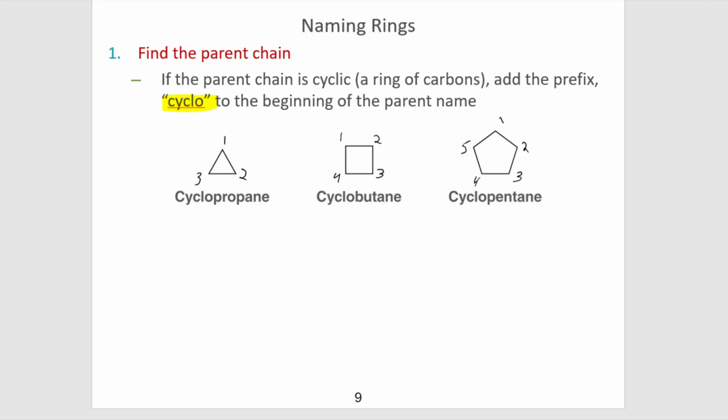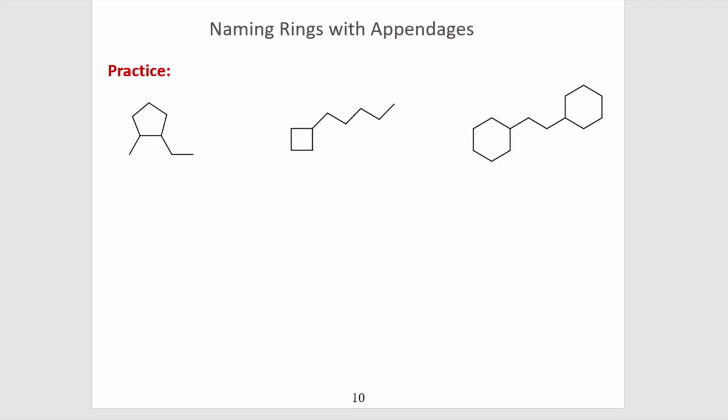So let's do an example, and this will help us in understanding a few more rules. Okay, let's look at the first one. We have longest parent chain is cyclo. So we have a cyclo, and how many carbons is it? 1, 2, 3, 4, 5. I was just counting.